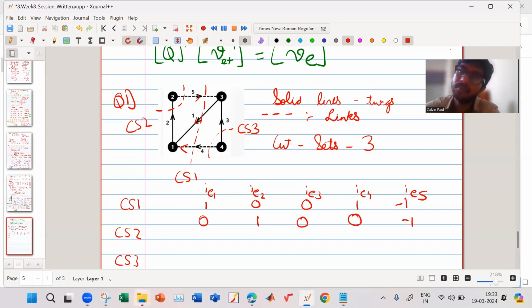For cut set 3, what will you get? 0, 0, 1, minus 1, 0, 0, 1, 1, 0. So all the arrows you should consider to be at one side of the cut set. Then you must give the polarities, or the direction.